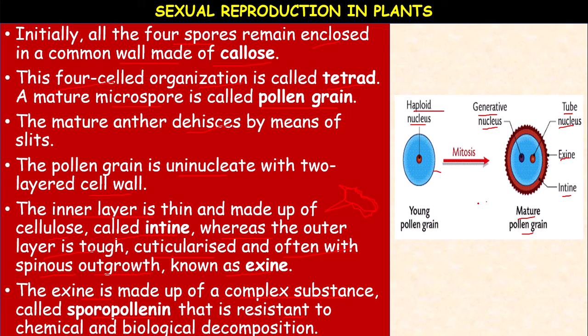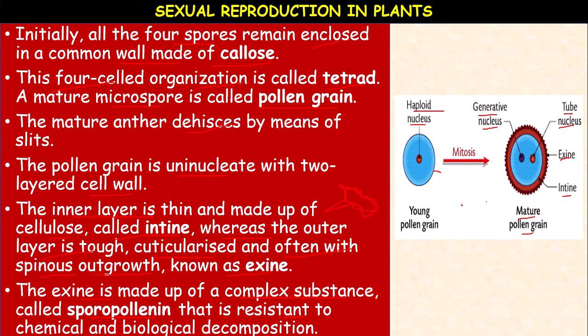The pollen grain is the first cell of the male gametophyte. The size of the nucleus increases and it divides mitotically to produce a bigger vegetative cell or tube cell and a smaller generative cell. The vegetative cell is bigger, has abundant food reserve and a large irregularly shaped nucleus.